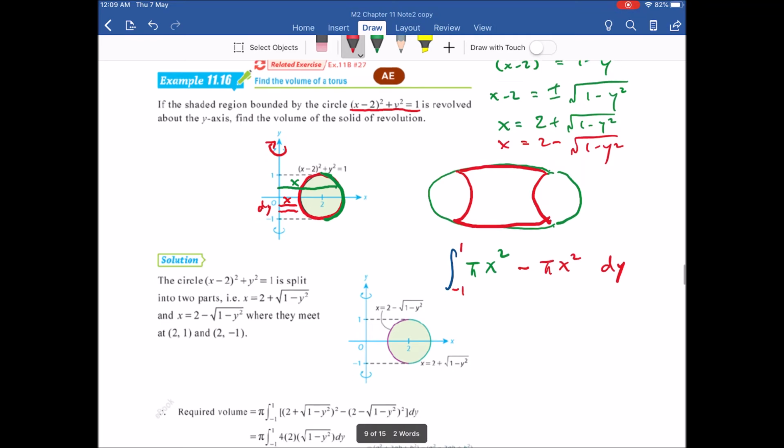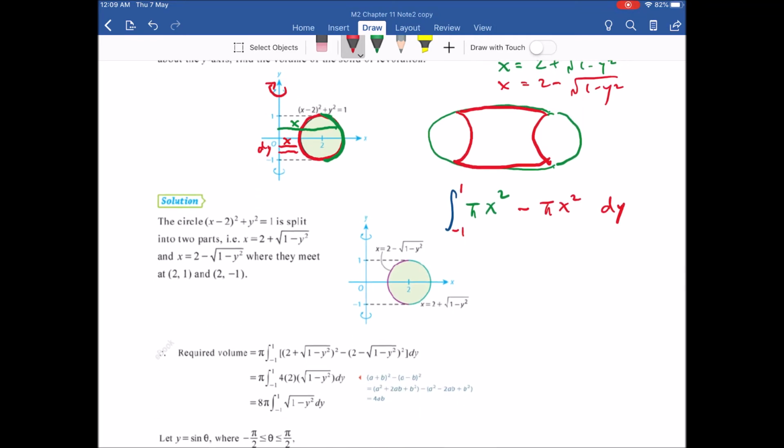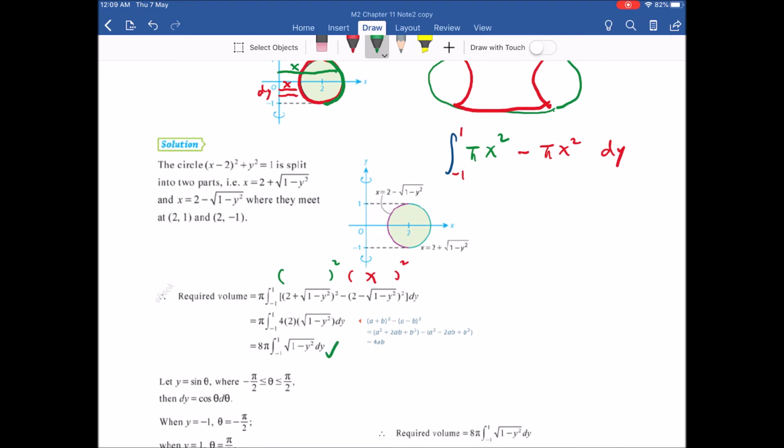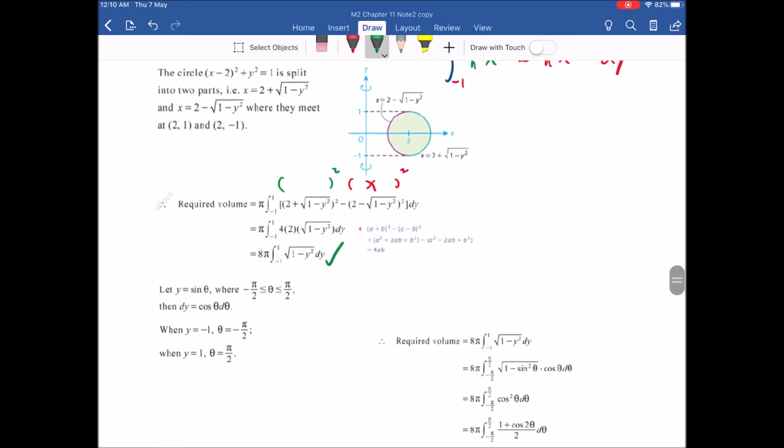So be careful, okay. And now this is the red x, all squared, and then this is the green x, all squared, right? And then after some simplification you find this one. I think most of you do not remember how to integrate this.